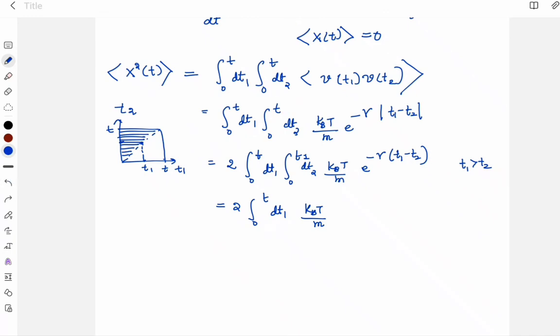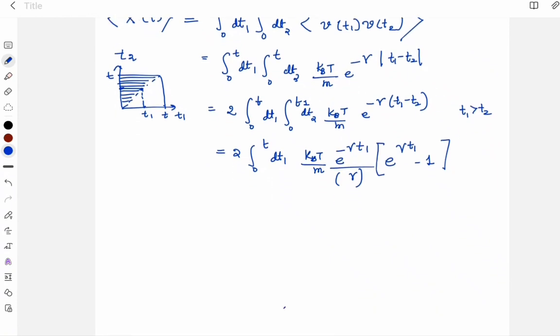Okay, so kBT by m, and if you integrate it, what will you have? Integrating over minus gamma t1, and 1 over gamma will come down, so 1 over gamma times (e^(γt1) minus 1).